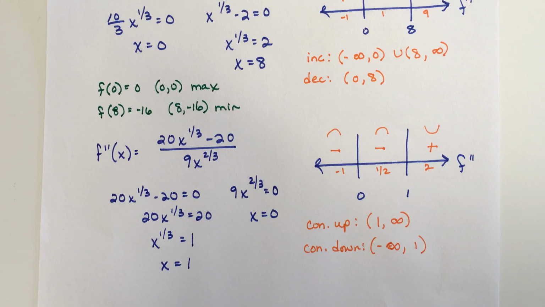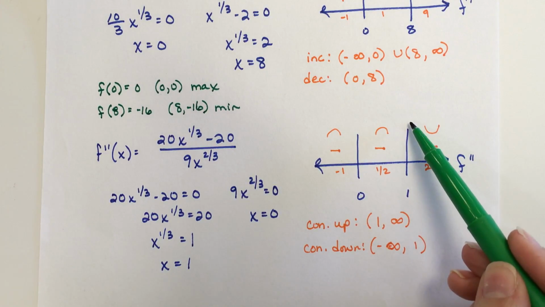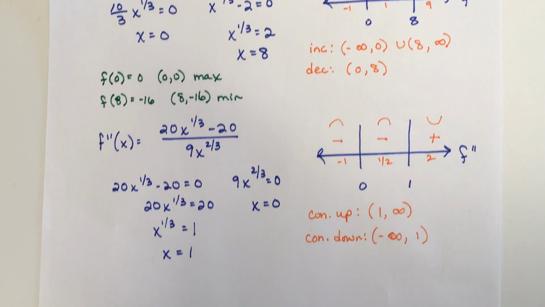Now, points of inflection, if you remember, are going to occur where the concavity changes, and the only place my concavity changes is here at +1.